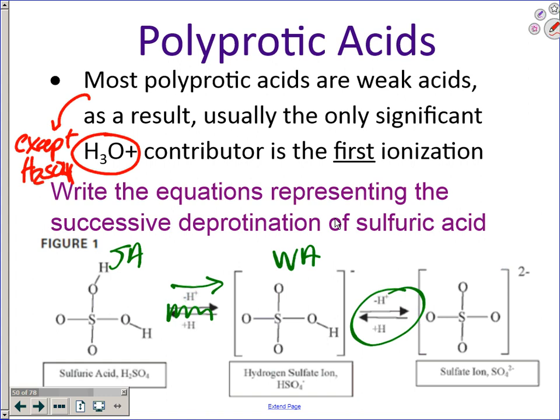That's called Ka1, or it will express the value for Ka1 because it's the first acidic deprotonation. Now that this has done its deprotonation, and actually, my bad on the double-headed arrow, this is a what? Strong acid, so we show a single arrow there. Now this Ka1, look on your Ka sheet. What does it say for H2SO4's Ka1?